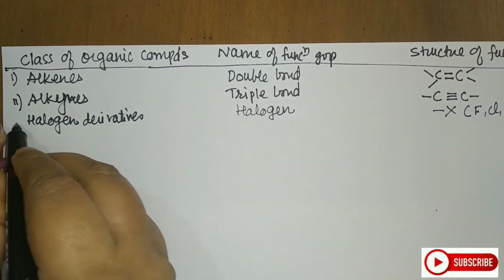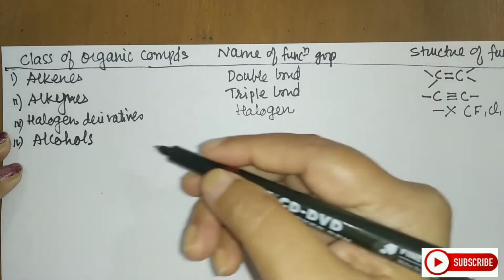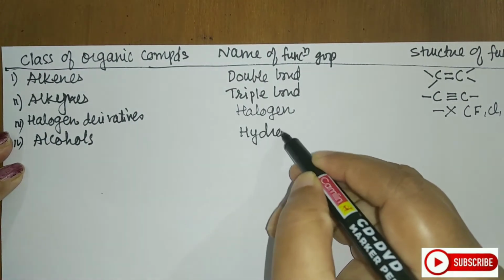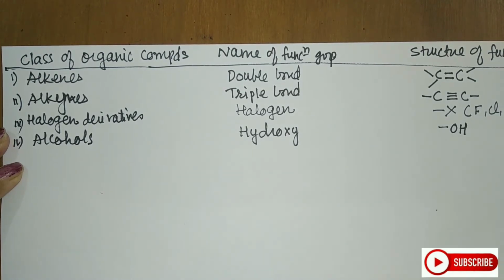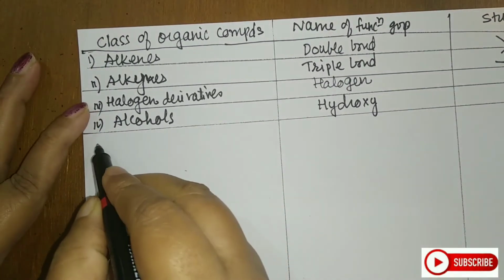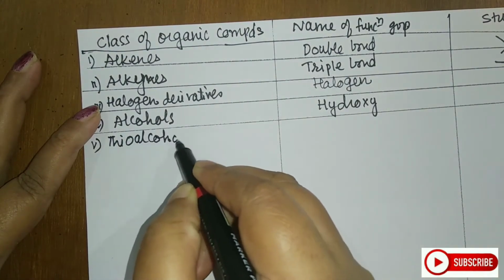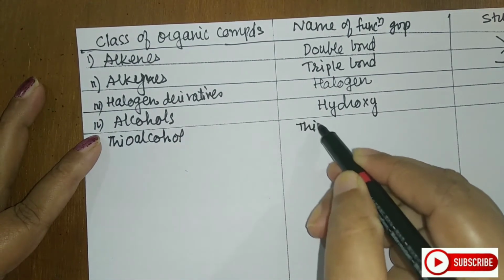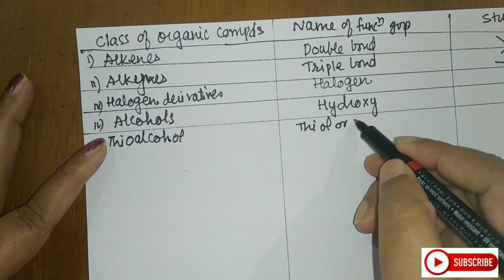Next is alcohols. You call those groups the hydroxy group. And you represent this by OH. After alcohols, it is thioalcohols. You call them thiols or sulfhydryls.